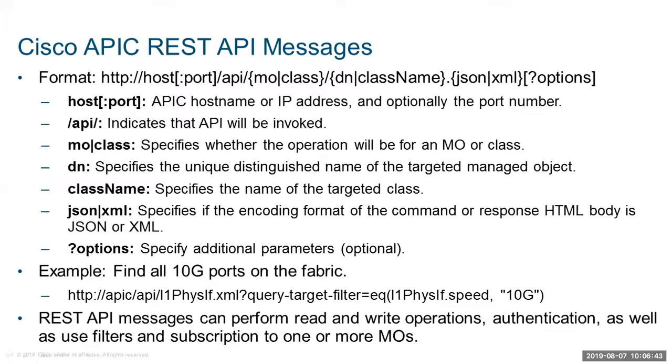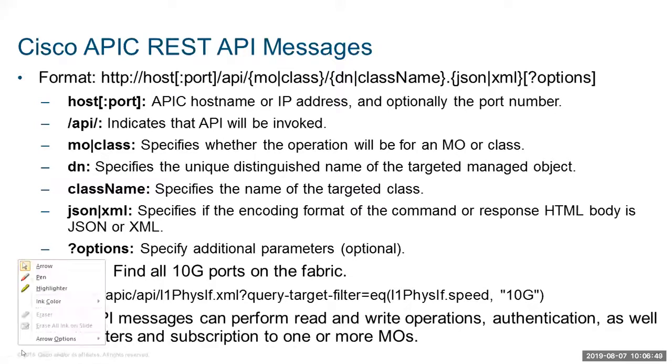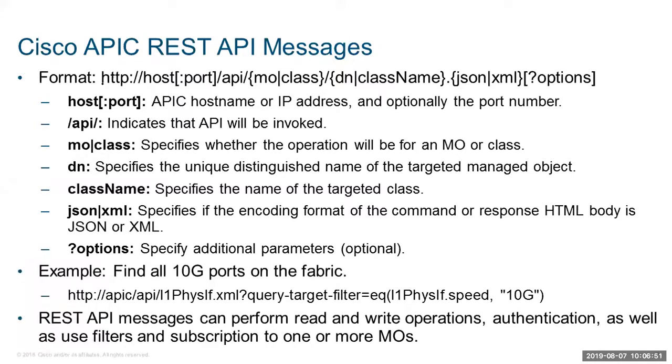So when you use a REST client, you're going to have to specify the URL, and the URL is typically HTTP or, of course, it can be HTTPS, hostname or IP, optional port number, the word API, and then either you're targeting, that means your URL would be to modify an existing object or create a new object.